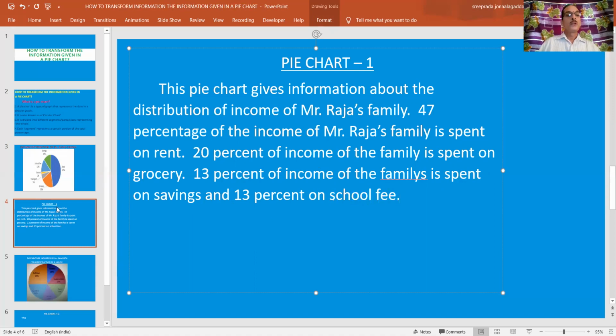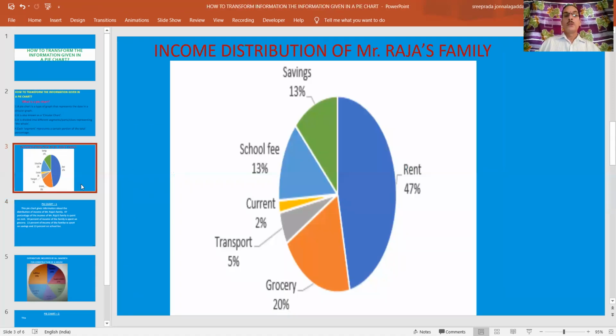Right. Then next, on transport, how much percentage of income does Mr. Raja's family spend on transport? Actually 5%.